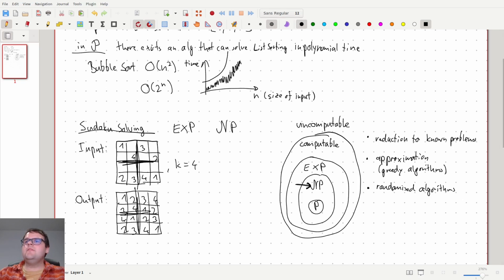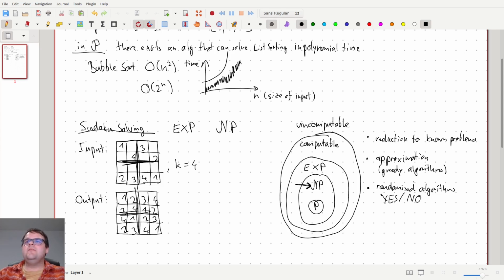These don't give you partially correct answers, but they have a chance of giving you the wrong answer, right? Decision problems usually have yes or no outputs, and with randomized algorithms, there's a chance it will give you the wrong answer, like yes when it was a no, or no when it was a yes.